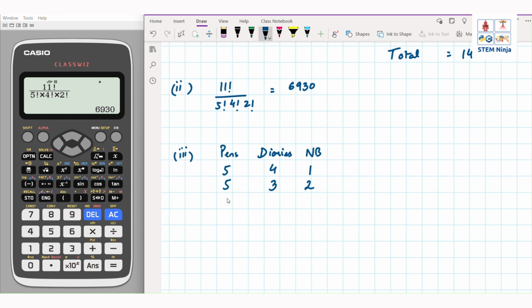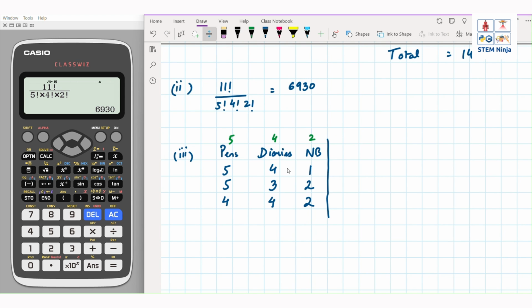Just to make sure we are doing this right, we have 5 total pens, 4 total diaries, and 2 total notebooks. We can drop 1 pen and keep the diaries the same, so that would mean we need 2 notebooks. Right.